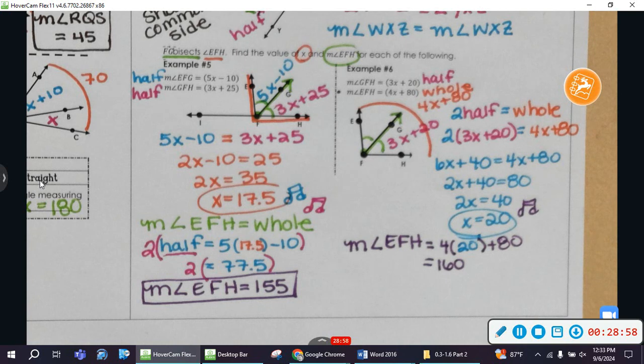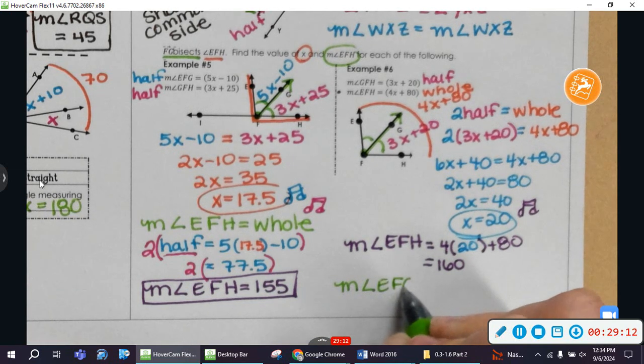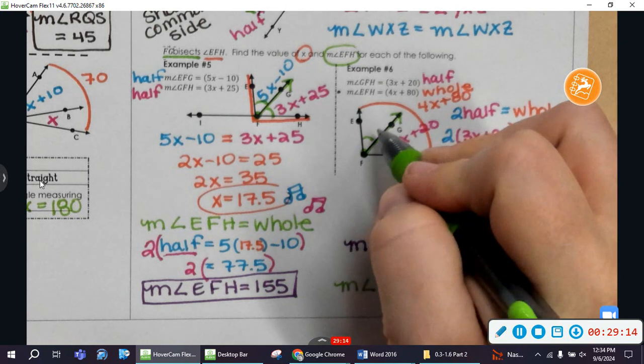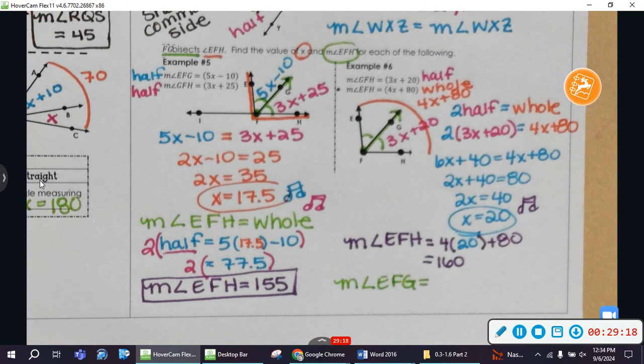But in class, I asked y'all an additional question. And I said, well, what if they were actually asking for the measure of EFG? Well, EFG, they didn't give us anything to plug that into.